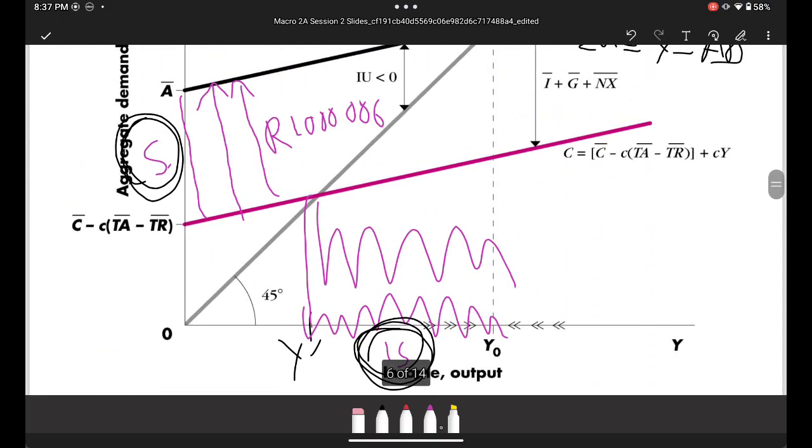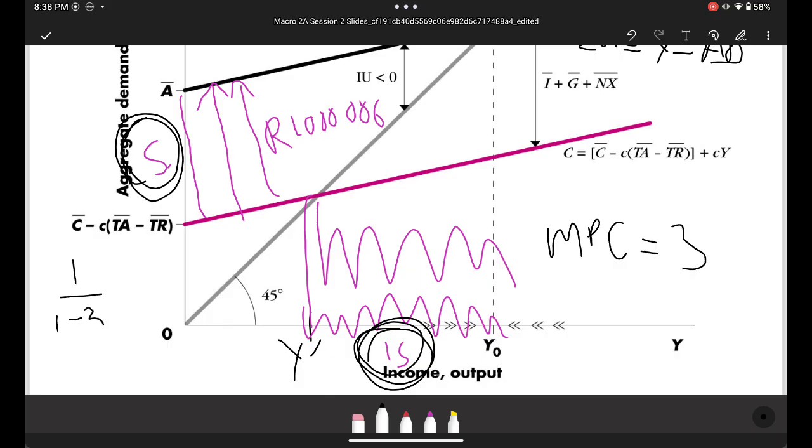If the multiplier, if the MPC I give you is 3, so the equation goes 1 over 1 minus MPC, so 1 minus 3, times A, autonomous A. You know autonomous A is this, right? Because the government puts in that. And you'll actually find out that this will equal 15.